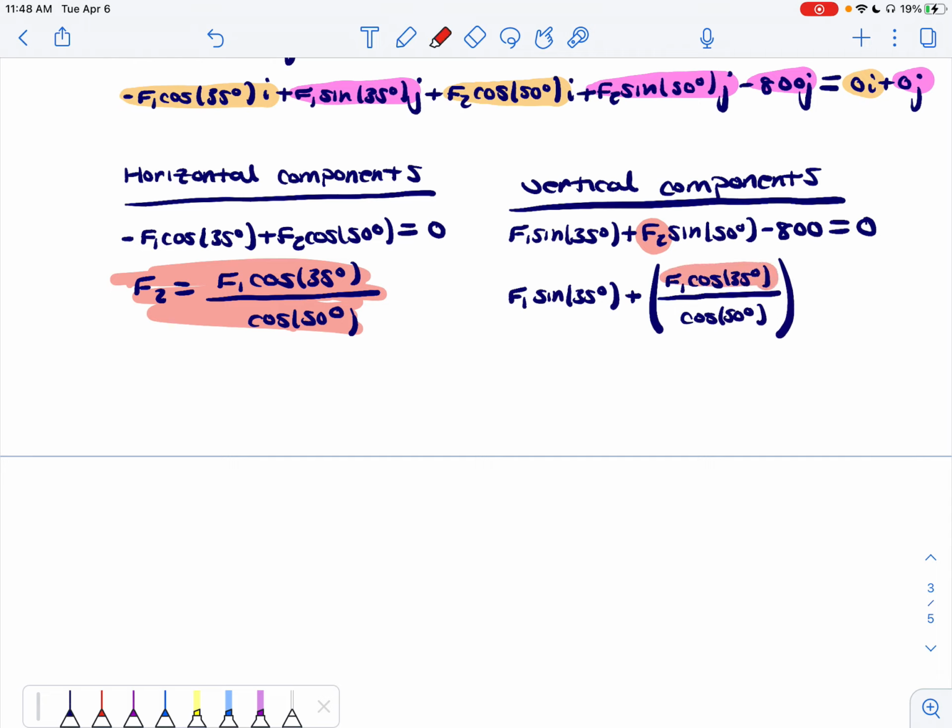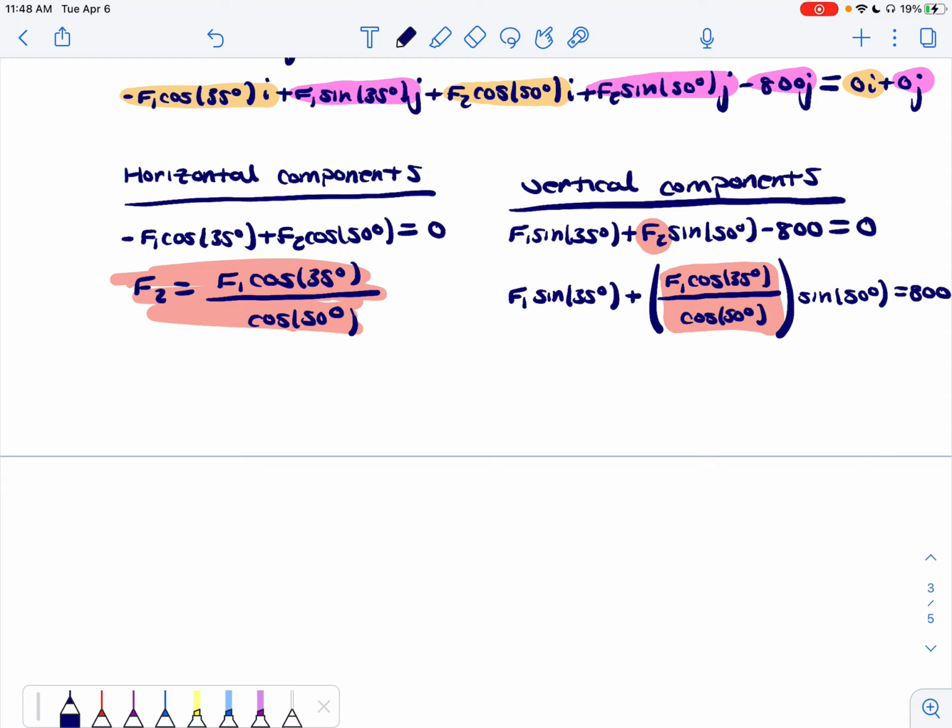That was my substitution right there. That's still times the sine of 50 degrees. And I'm going to add this 800 over to the other side, so it'll be equal to 800.